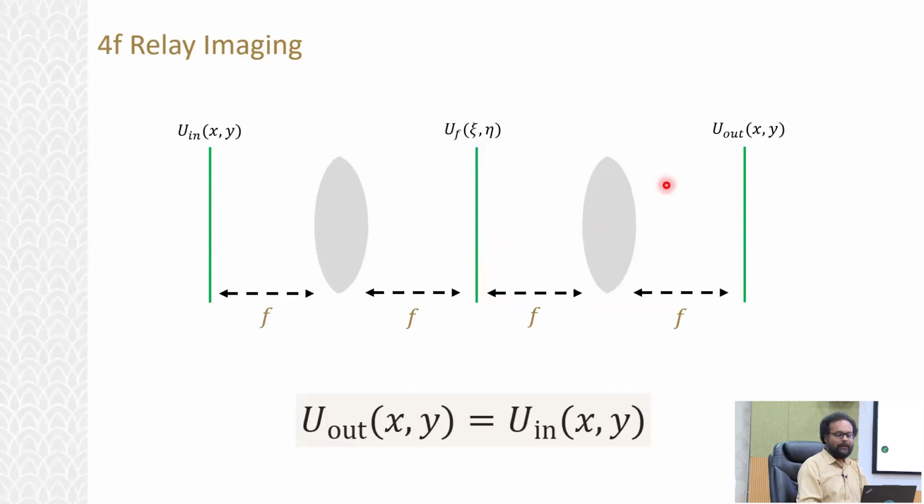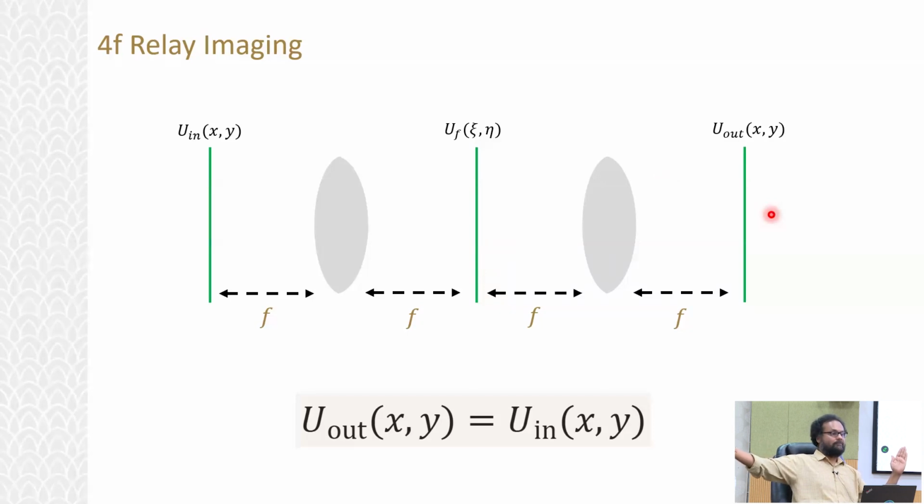So basically my U out exactly at the back focal plane of my second lens will be exactly the same as the distribution, the phase pattern on the front focal plane of my first lens.